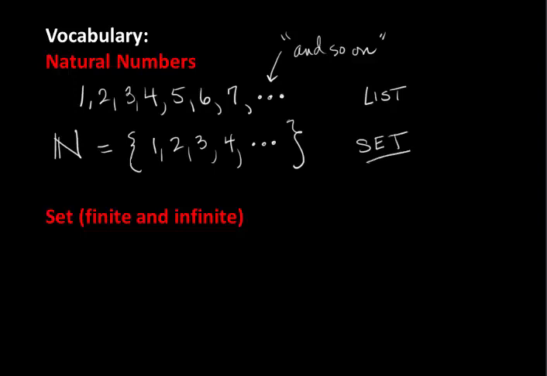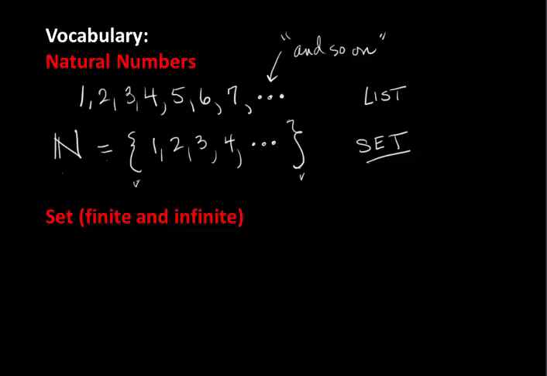And so you see these are called set brackets here. The ... always means the same thing. It means and so on, continuing that pattern. And I read this sentence as capital N is the set of numbers 1, 2, 3, 4, and so on. And this set bracket here is like a period.